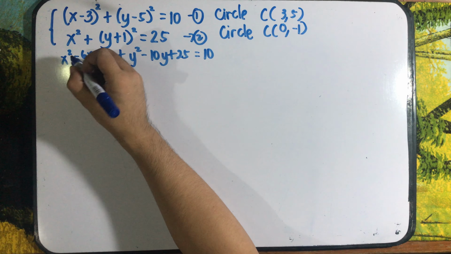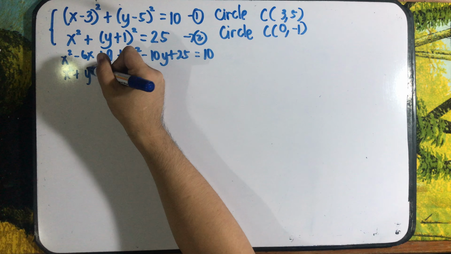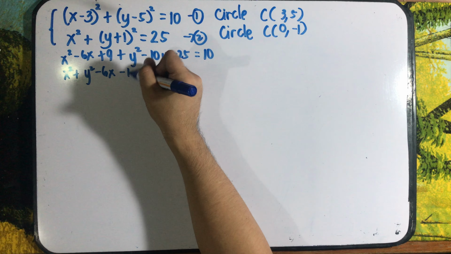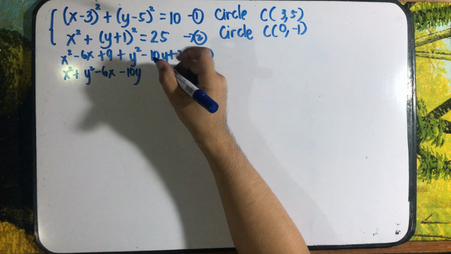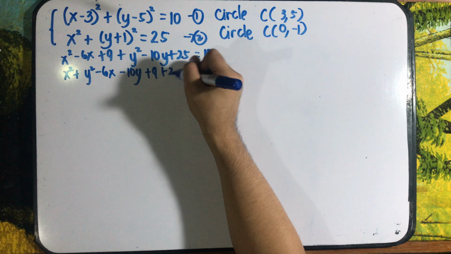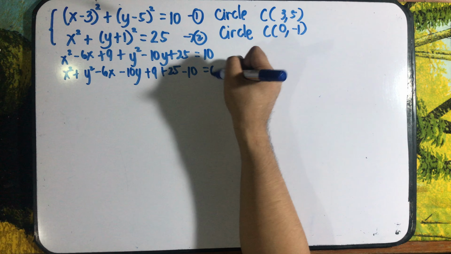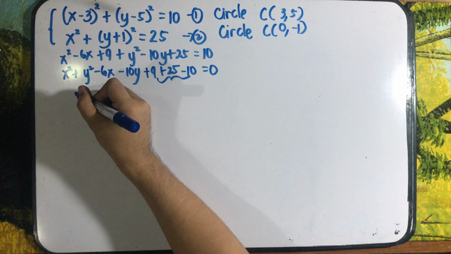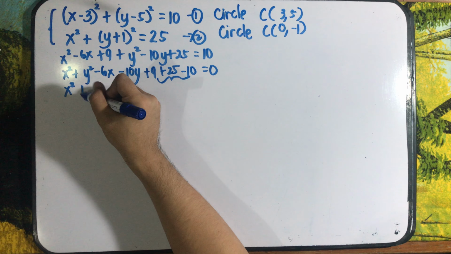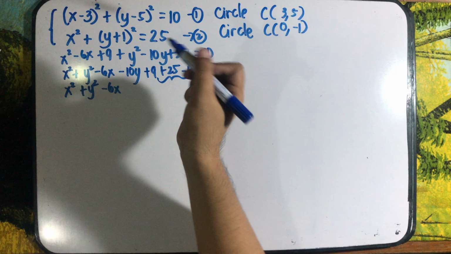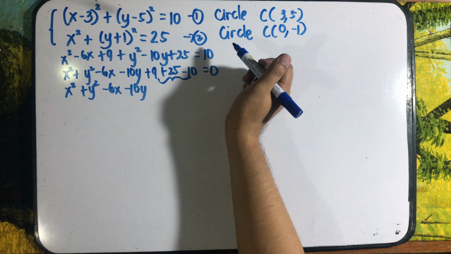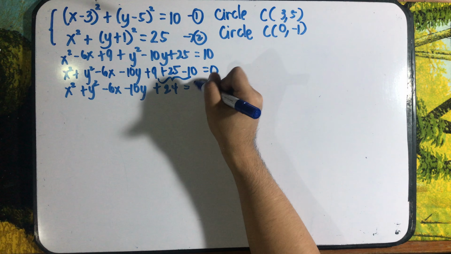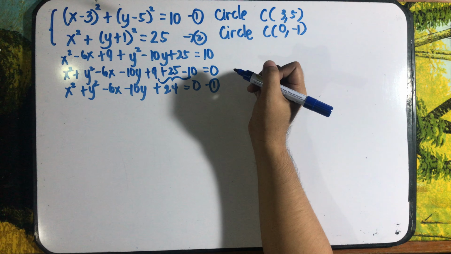We'll have x squared plus y squared minus 6x minus 10y plus 9 plus 25 minus 10 is equal to 0. Let us simplify these values: x squared plus y squared minus 6x minus 10y, and 9 plus 25 minus 10 is 24, is equal to 0. So this is now our equation 1.